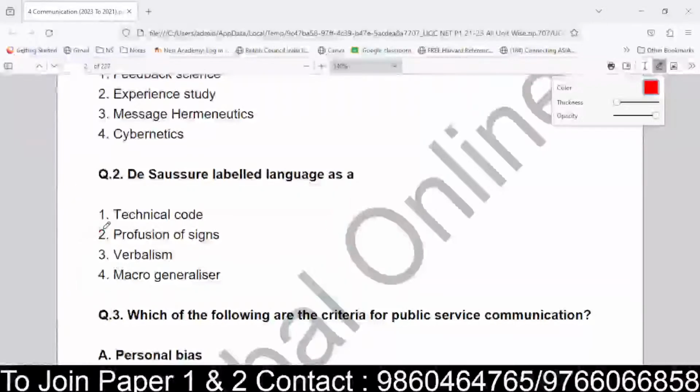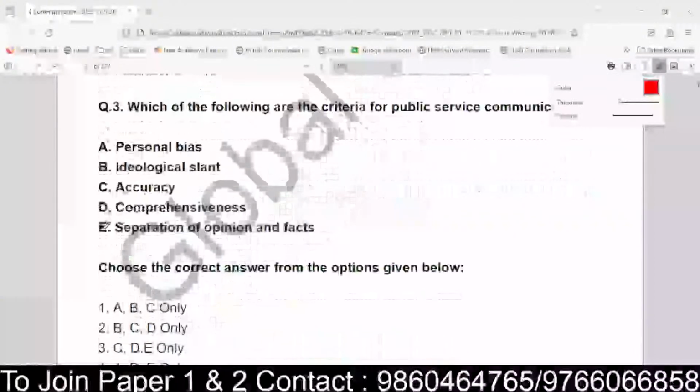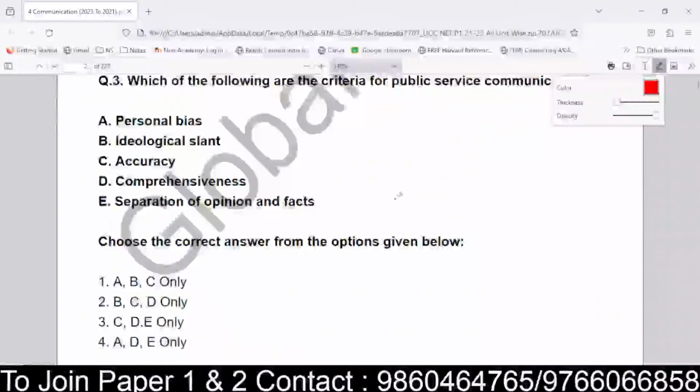Okay, coming to question number 3, everyone. Now see, question number 3 is about the code question. Let's see what question number 3 is talking about. The question says: which of the following are the criteria for public service communication? You have to identify the criteria.